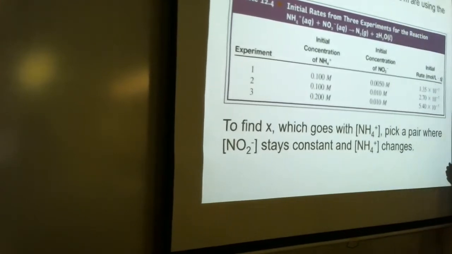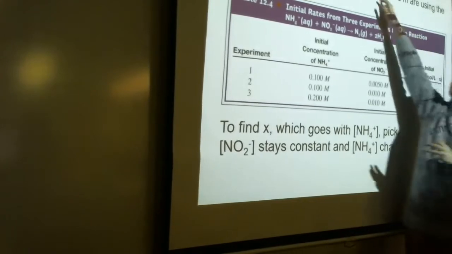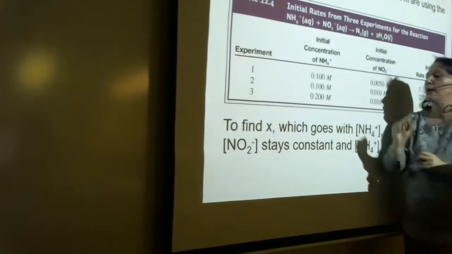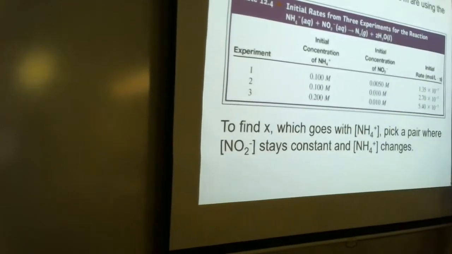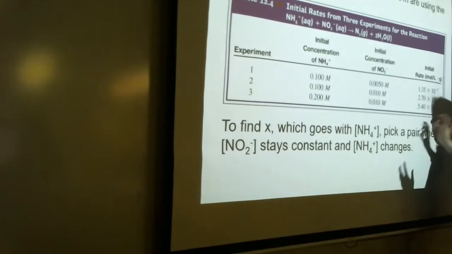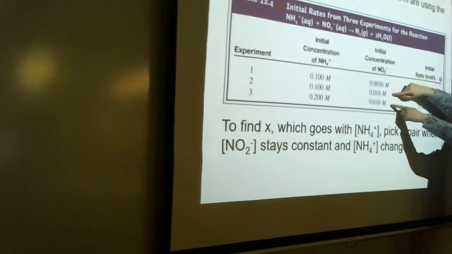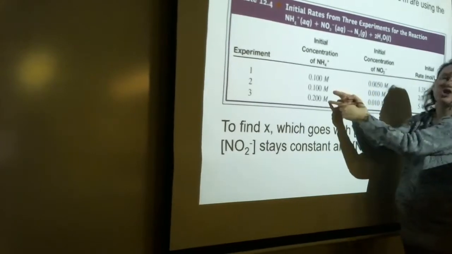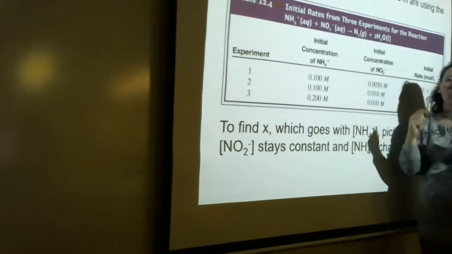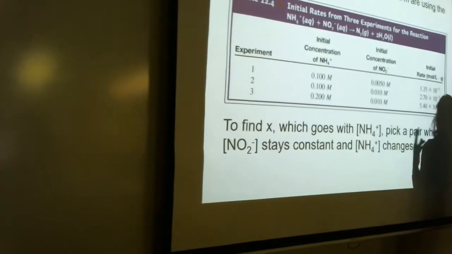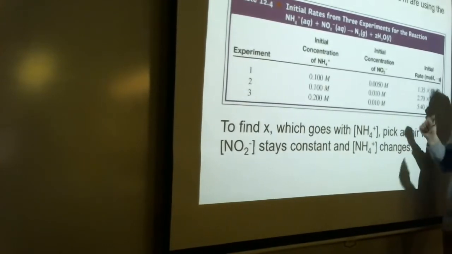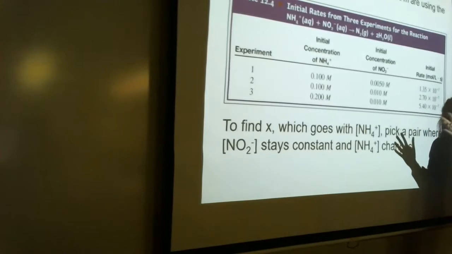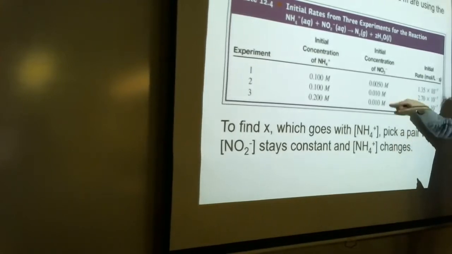So what we want to do, that's x goes with ammonium, right? So we want to pick a pair where NO2 minus stays the same and NH4 plus changes. Because we can't have one equation with two unknowns, right? That would be a train wreck. So we want one of them to cancel out, okay? So we pick a pair, okay?